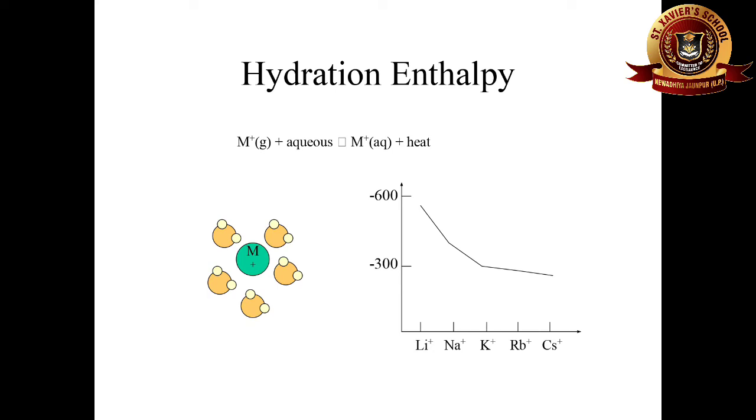This is also directly proportional to the nuclear force. If the nuclear force increases, hydration energy also will be increased. In group first and second, if you move from top to bottom in the group, then nuclear force decreases. It means hydration energy also will be decreased.